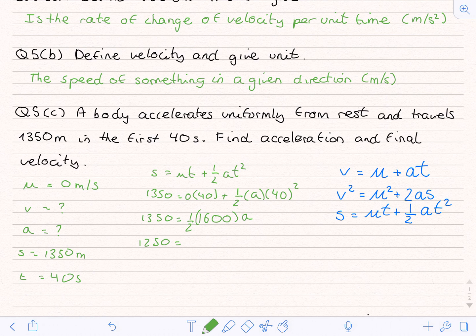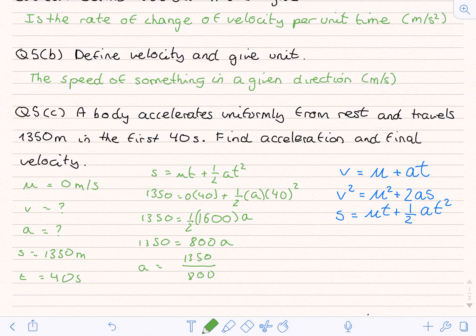So we have 800 a, and now we get the calculator and we do a is equal to 1,200. It's 1,350, so be careful with little mistakes like the one I'm making, because they're really difficult to spot once you did it, okay? Divided by 800.